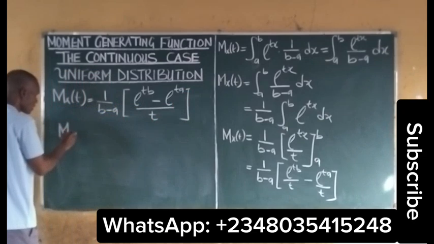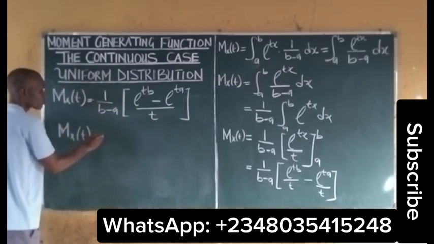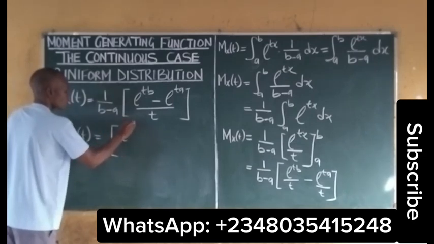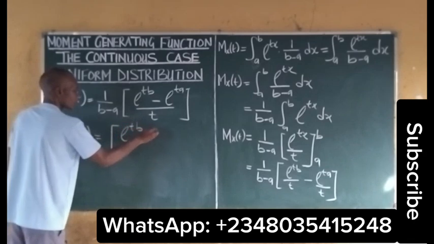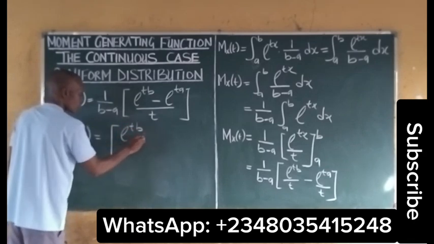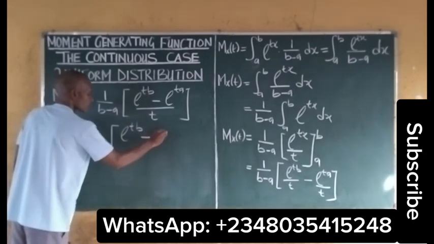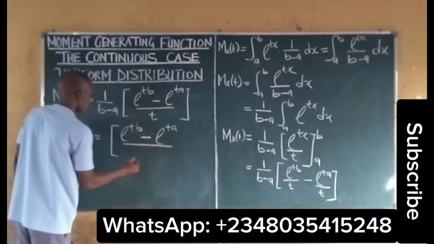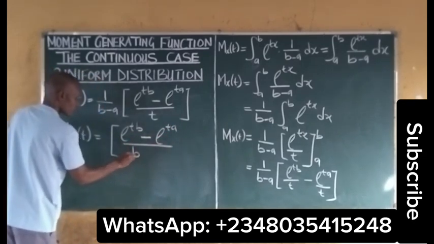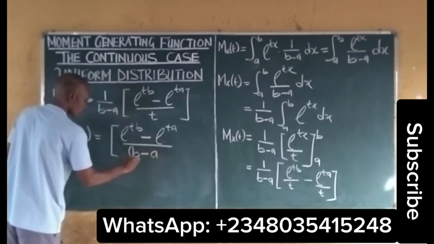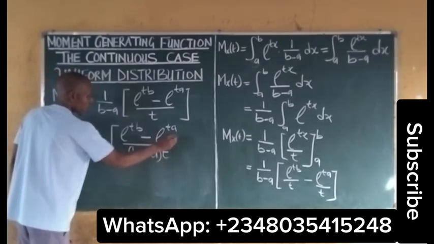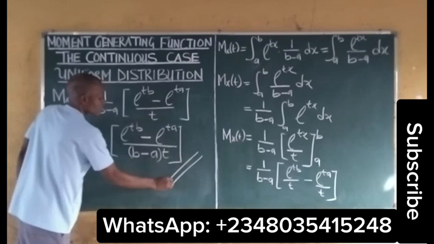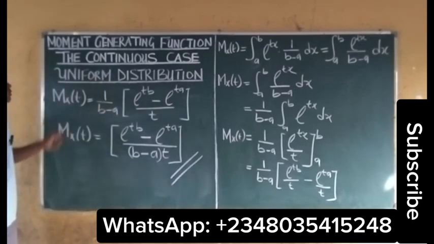It then means that our moment generating function will be e to the tb minus e to the ta all over b minus a multiplied by t. So this is the moment generating function for the uniform distribution.